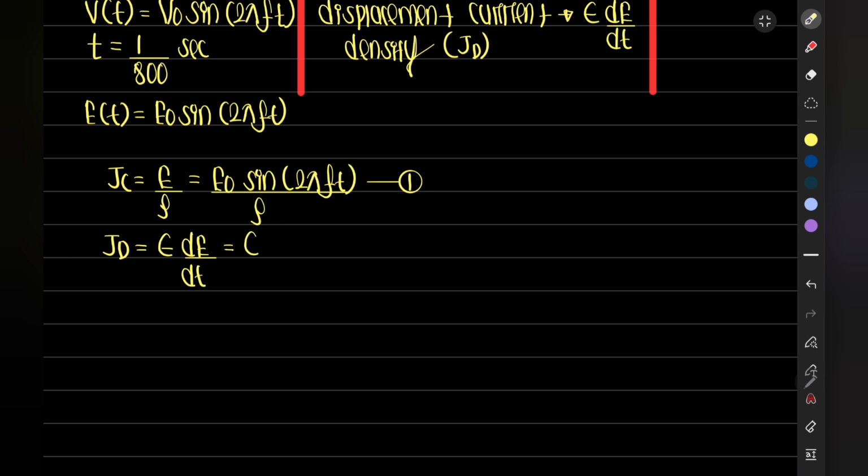Epsilon is the permittivity of the medium. Now differentiating the electric field, E naught is constant outside, and the differentiation of sine 2 pi ft will be cos 2 pi ft according to the chain rule. Further, the differentiation of 2 pi ft will be 2 pi into f. This is equation number 2.